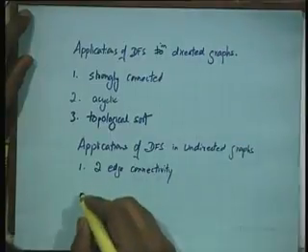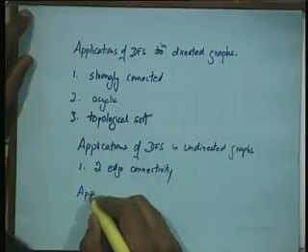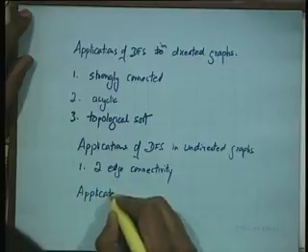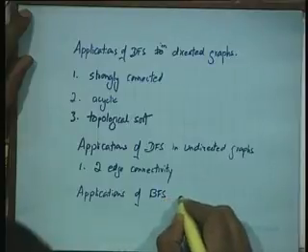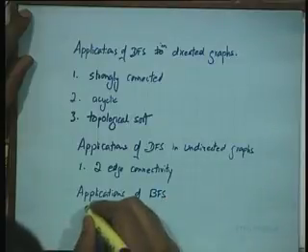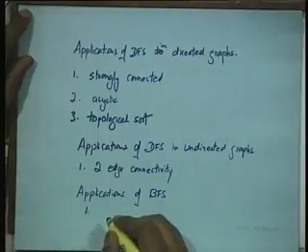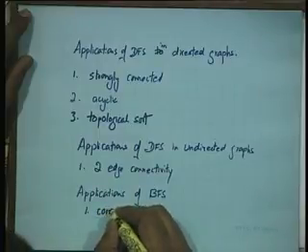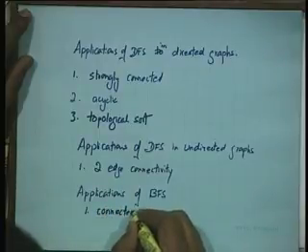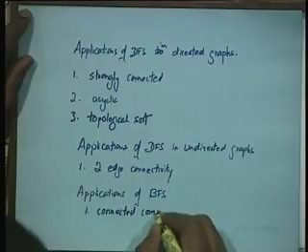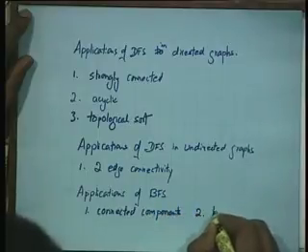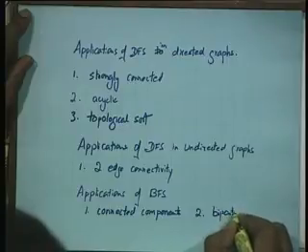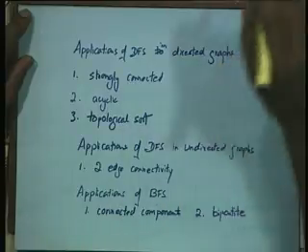And what application did we see for breadth first search? Applications of breadth first search. Connected components, finding the connected components of a graph. And checking if a graph is bipartite.